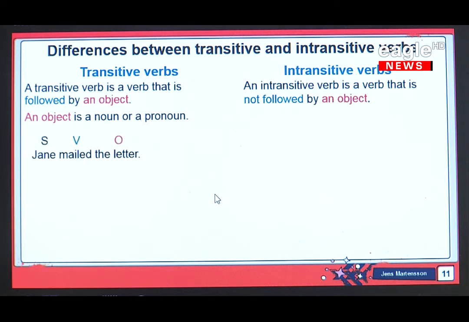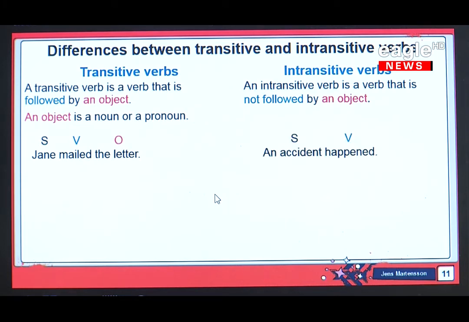Now let's see an example. Jane mailed the letter. Jane equals subject, mailed equals verb, the letter equals object. Mailed is a transitive verb because it has got an object.